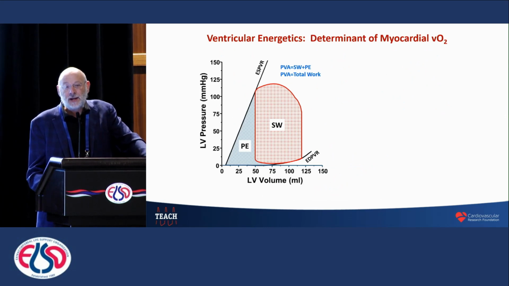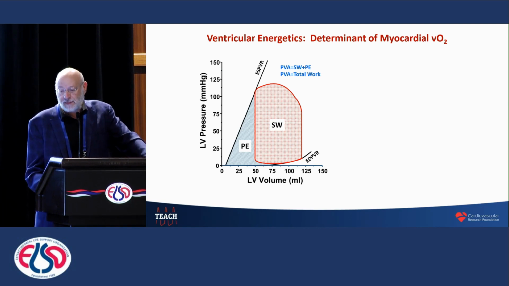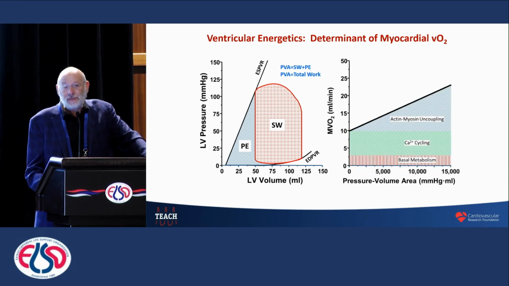In addition to hemodynamics, we can really understand a lot about energetics. Here on the pressure volume diagram, we can divide the total work that the heart does into the external stroke work and the potential energy. Then there is a linear relationship between the sum of those two, which is the pressure volume area, and myocardial oxygen consumption.